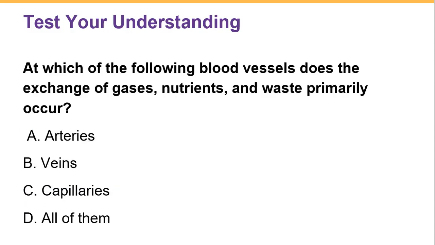At which of the following blood vessels does the exchange of gases, nutrients, and waste primarily occur? Is it arteries, veins, capillaries, or all of these blood vessels? So pay attention. When we have gas exchange or nutrient or waste exchange, we should have a very, very thin wall.